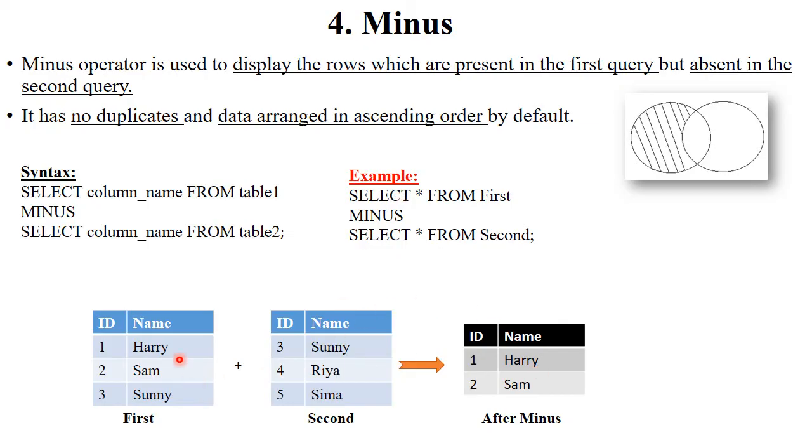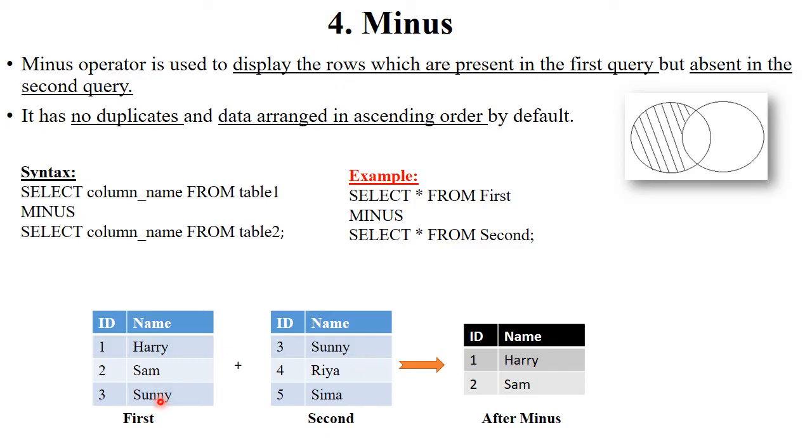How? See here, this is your first table: Harry, Sam and Sunny, and this is your second table: Sunny, Ria and Seema. The minus operator displays all the rows from the first table, that is the first condition, Harry, Sam and Sunny, but only the data absent in the second table.